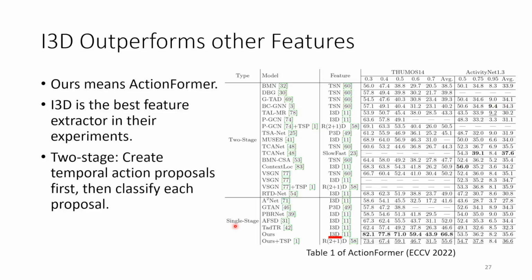Say you have 20 classes, and your action must be one of the 20 classes. Then you need to predict the class of the action in the given video. So this is the difference. And here, ActionFormer is a temporal action detection algorithm.